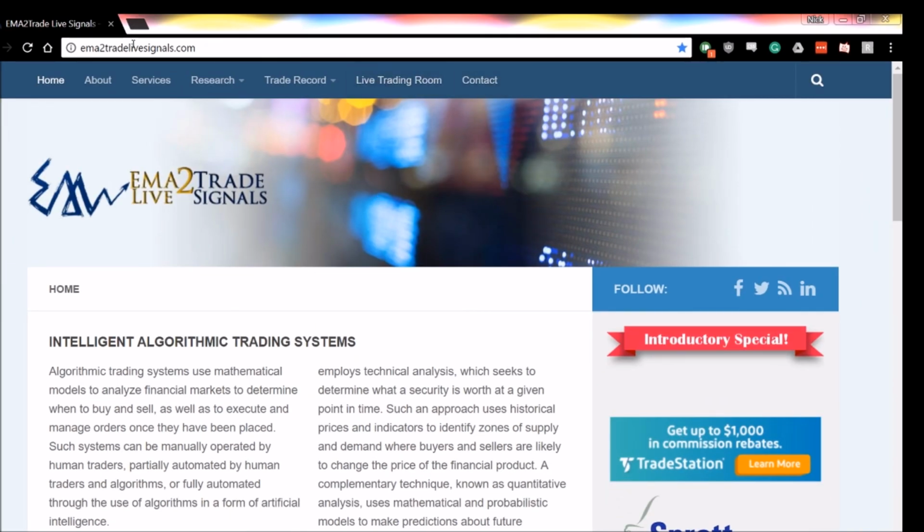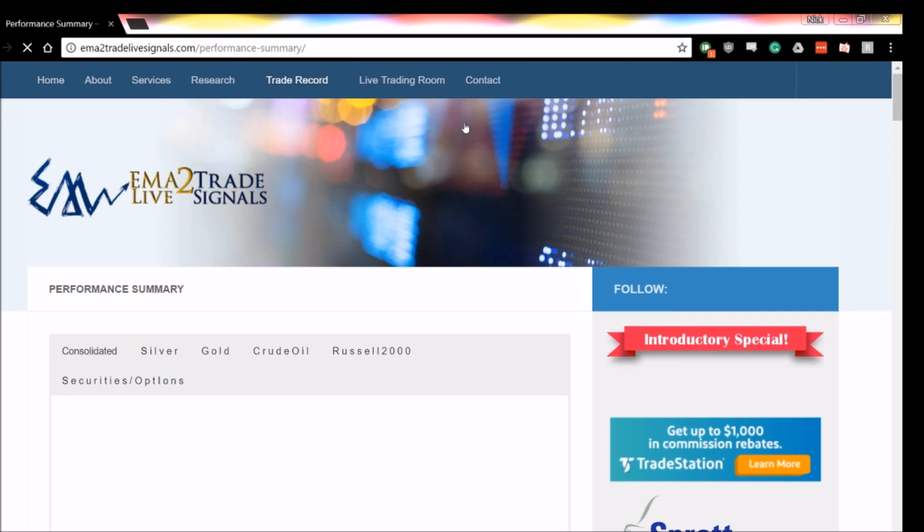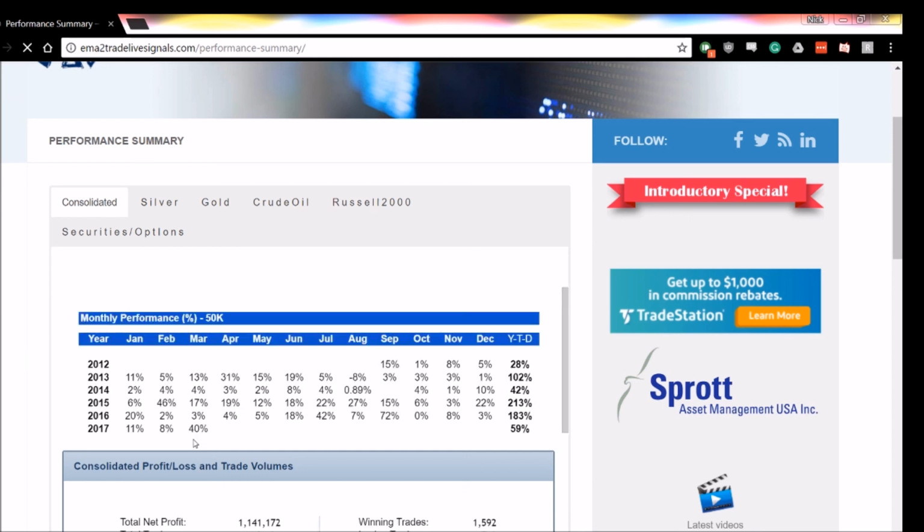And if you go to eMa2TradeLiveSignals.com and you go to Trade Record, you click on Simulation Historical Performance, you can see the historical performance of every trade that was executed manually since the program was initiated in 2012 until March of this year, when we basically went completely automated and the algorithm is showcased in the TradeStation platform.